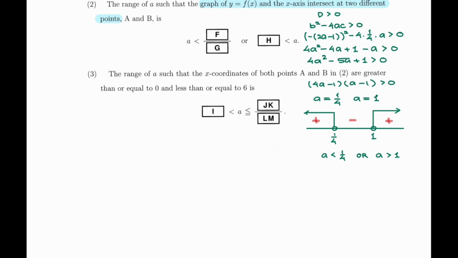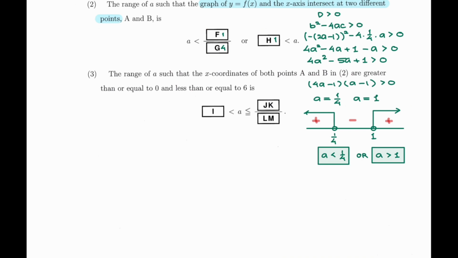So for F and G here, my answer is 1 and 4, and then for H, my answer is 1. 1, 4, and 1. This is the answer for question number 2.